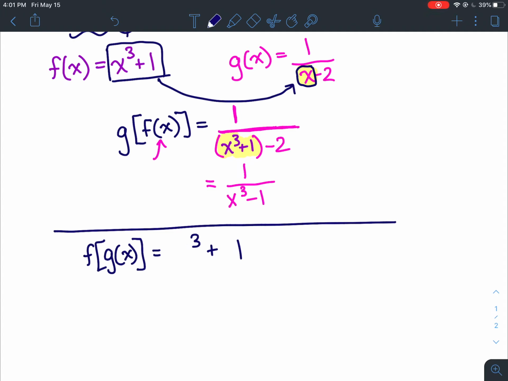I want to replace that x with g of x. So instead of x cubed, I'm going to have 1 over x minus 2, cubed, plus 1. That's how you do f of g of x. It's still your original function, x cubed plus 1, but instead of the x, you're putting in a g of x.